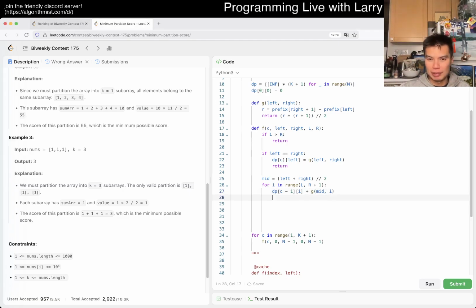I have no idea what I'm doing. That's the score from mid to i.